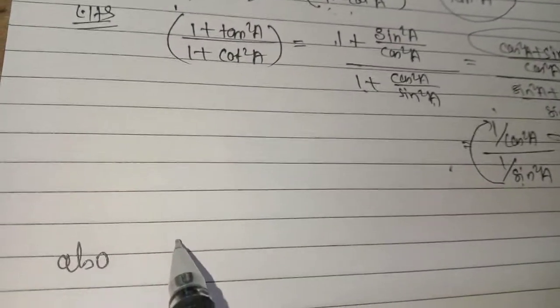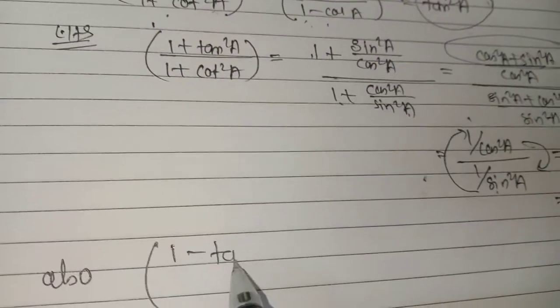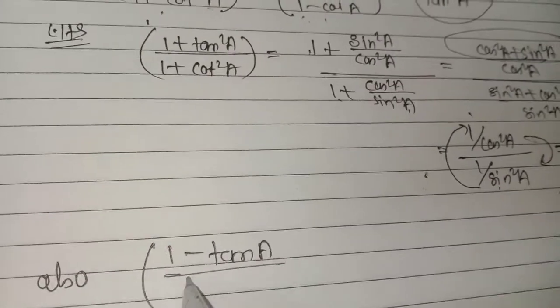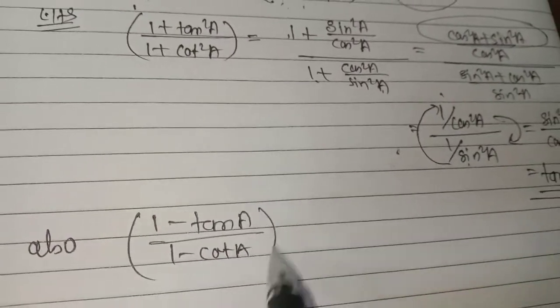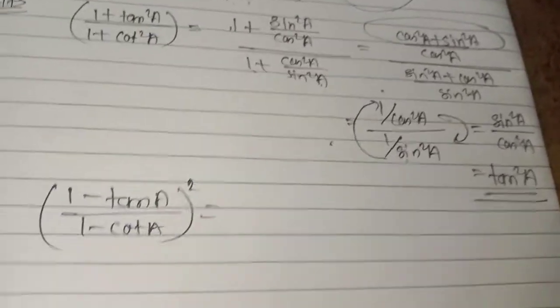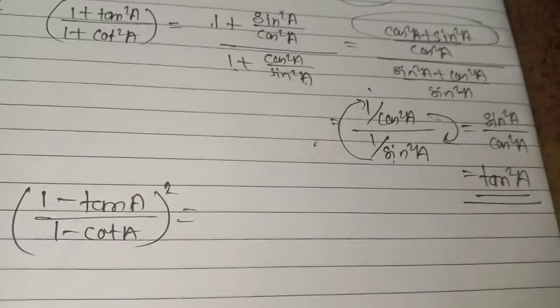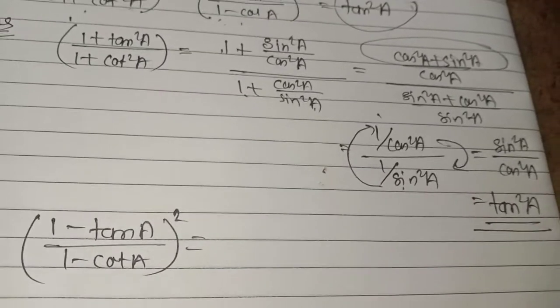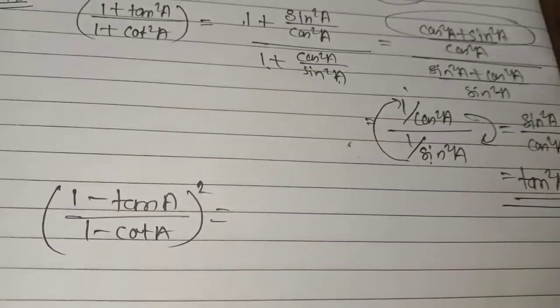Now let's do it by this value. Also we will write here (1 minus tan A) upon (1 minus cot A), whole square. Now it is a whole square. So can you guess what you do with a whole square? Either you expand it or you put the value. Both you can do. Now it's up to you.